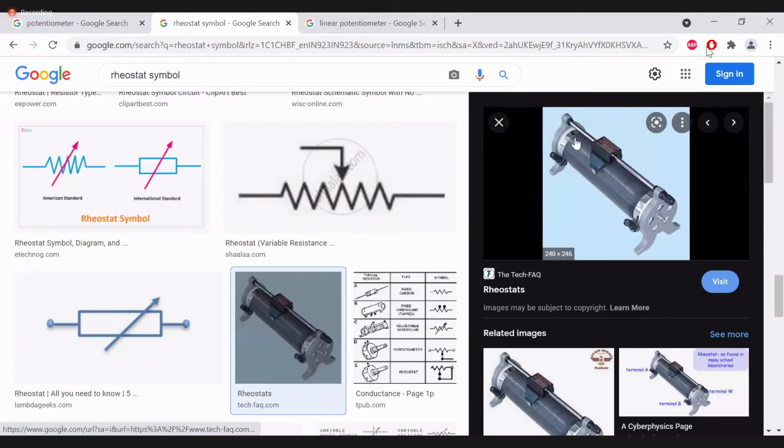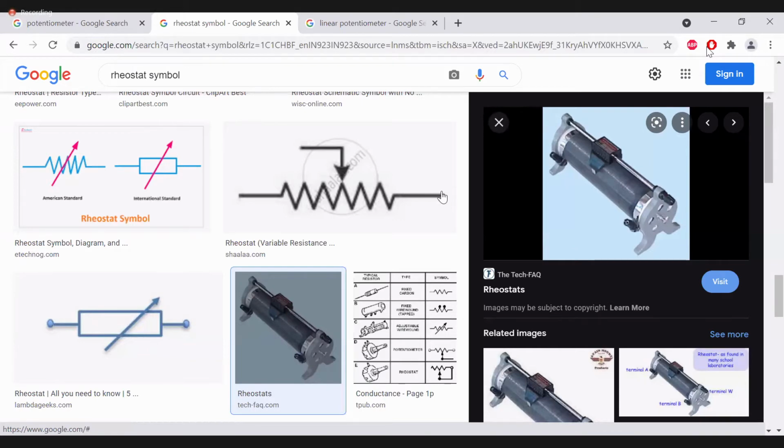Are you able to see rheostat, students? Or is potentiometer still appearing on the screen? Rheostat, sir. Okay, right. So this is called rheostat. Rheostat and potentiometer work on the same principle, but sizes are different.